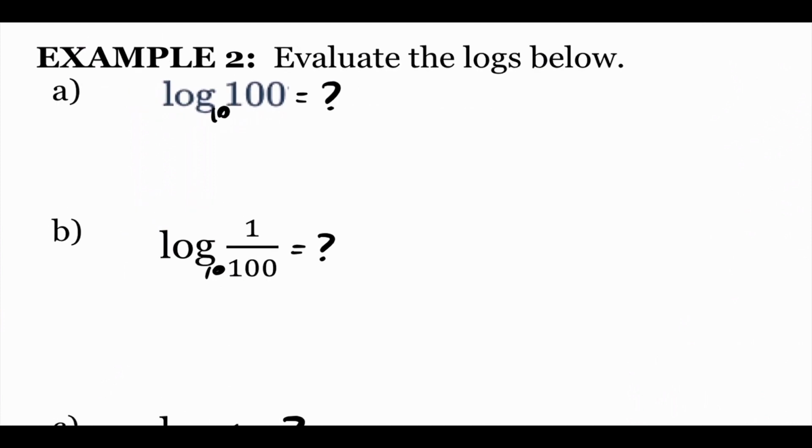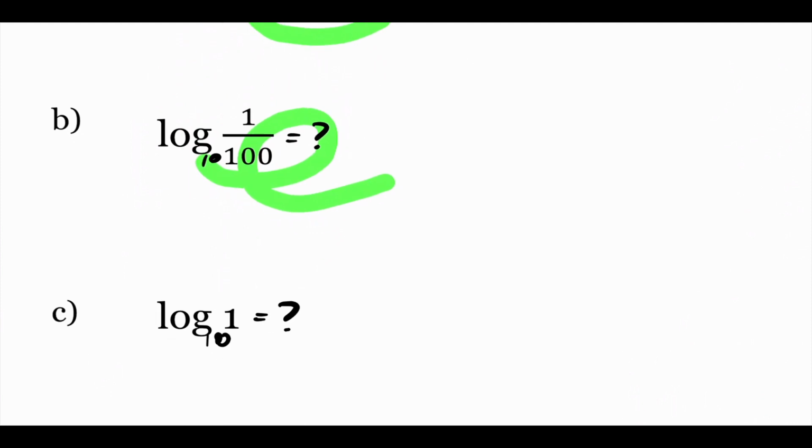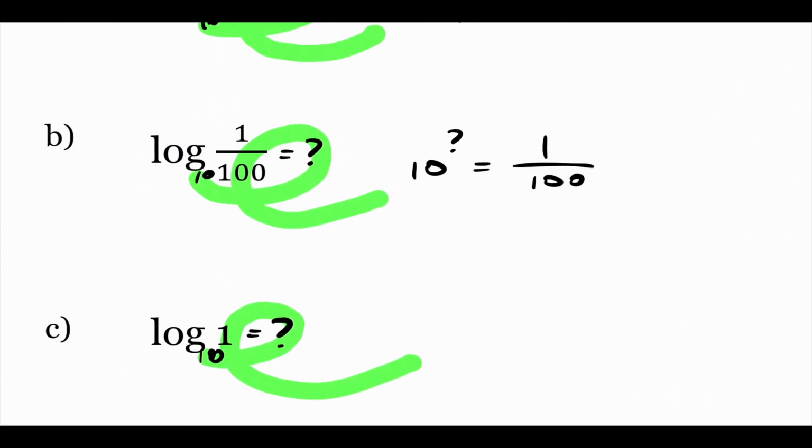Okay? Well, they're logs, so we're going to change them to exponents. Use the e. So it's 10 to what power makes 100? 10 to what power makes 1 over 100? 10 to what power makes positive 1?